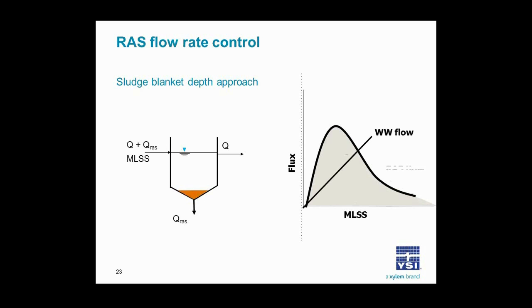So let's look at an example. If we plot wastewater flow and RAS flow on the chart, the intersection of those lines is our mixed liquor suspended solids concentration. In this example, that RAS flow line is outside of the curve, and the result is that sludge will accumulate and the blanket will rise.